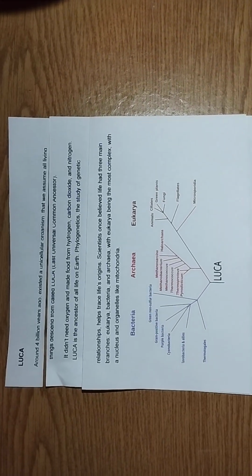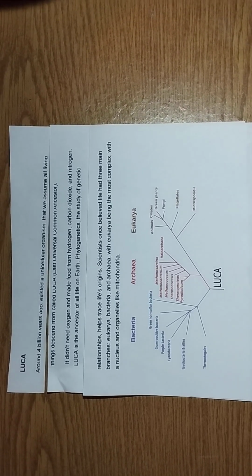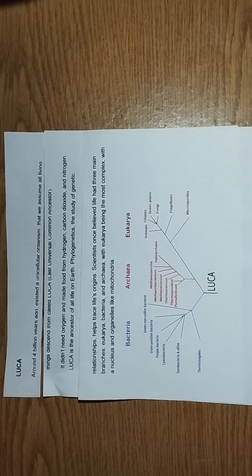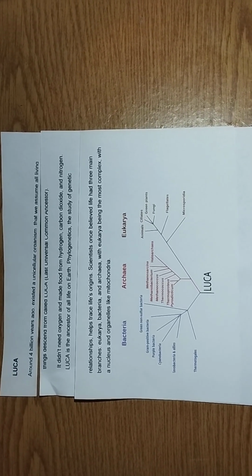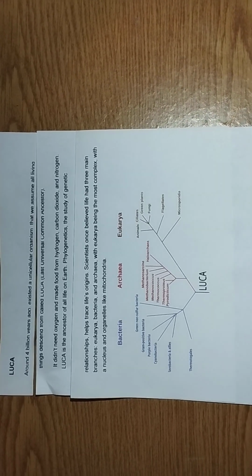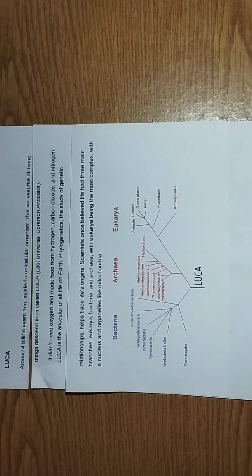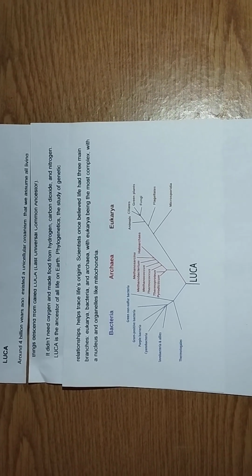Now I'm gonna talk about LUCA. Around 4 billion years ago existed a unicellular organism that we assume all living things descend from, that was called LUCA. That is basically the last universal common ancestor. It didn't need oxygen and made food from hydrogen, carbon dioxide, and nitrogen.